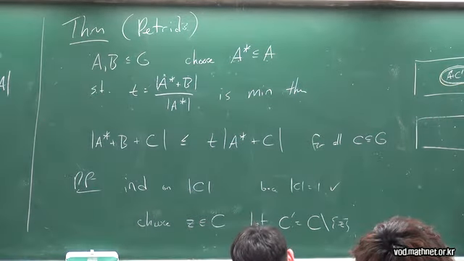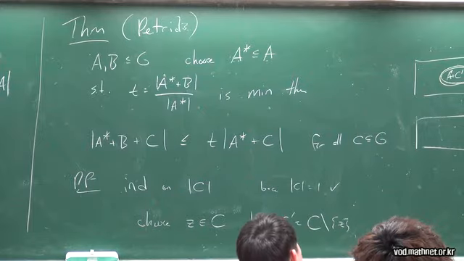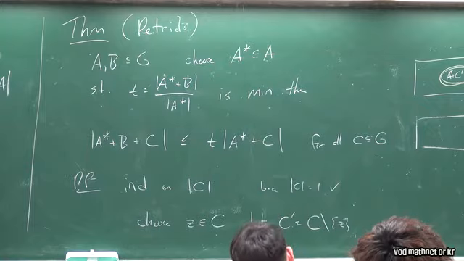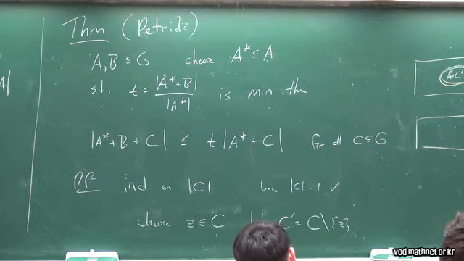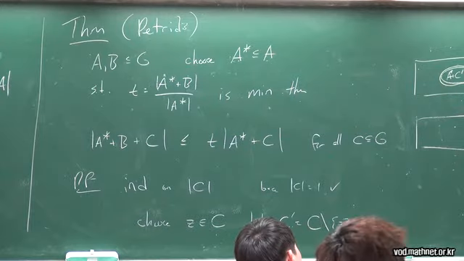Let's define A prime to be the set of all elements in A star so that when I add Z to them, I stay inside A star plus C prime.